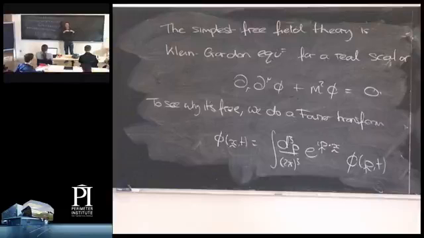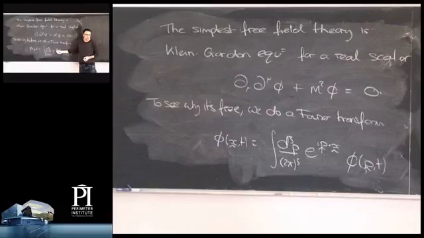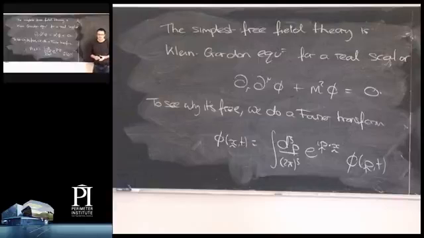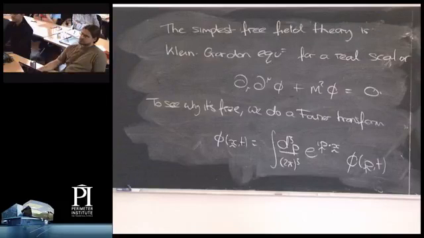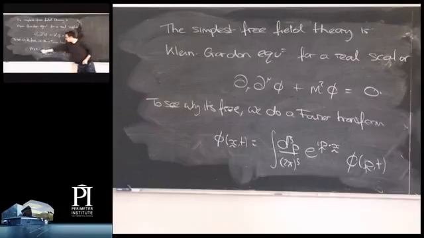Given phi of x, it decomposes it into something that wobbles this quickly and something that wobbles this slowly. So it's the usual p that appears in all Fourier transforms. It's not a relabeling, but a reshuffling of how this function is described.